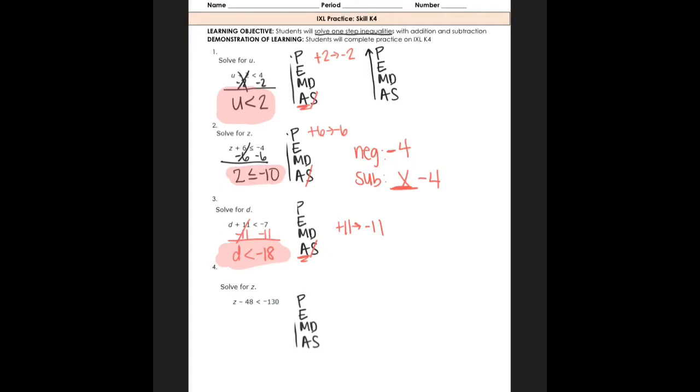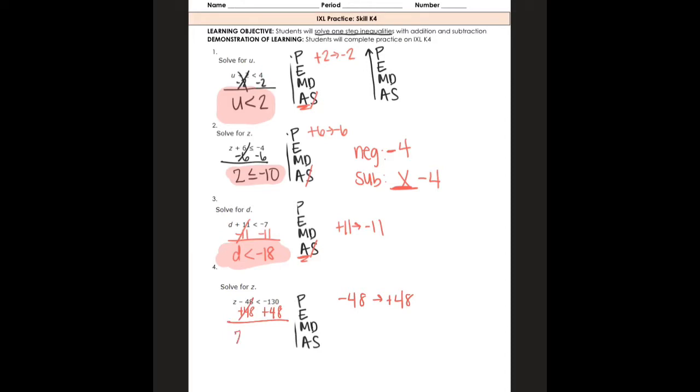And our last example, we're looking for subtraction, and we do have a subtraction right here. Notice this is z minus 48. So the opposite of minus 48 is plus 48. So I'm going to add 48 to both sides.